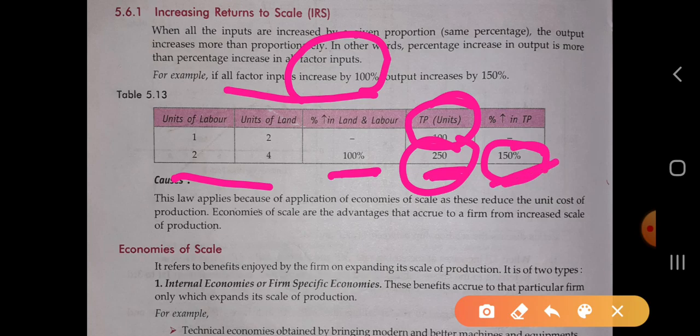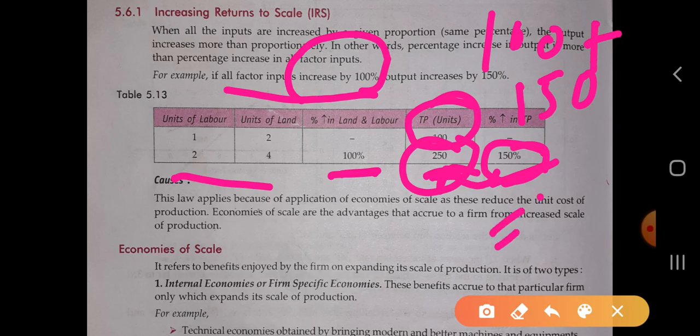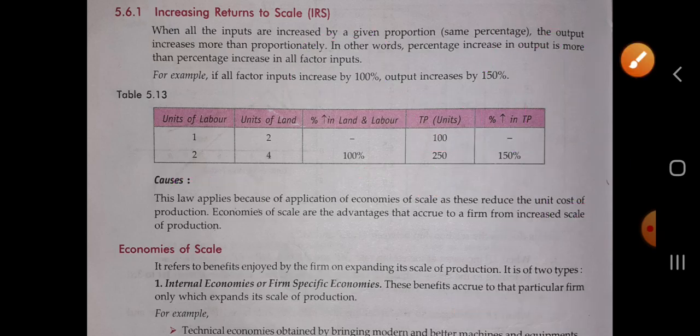सो 150% इंक्रीज होने से टोटल प्रोडक्ट बिकम्स 250, because in the first unit of labor and the second unit of land he has produced 100 units, but if he or she acquires more inputs, he or she produces 150 output, so when the sum of 100 and 150, it becomes 250.